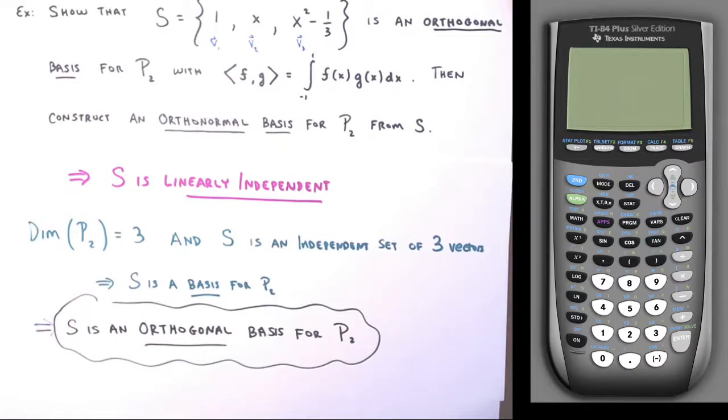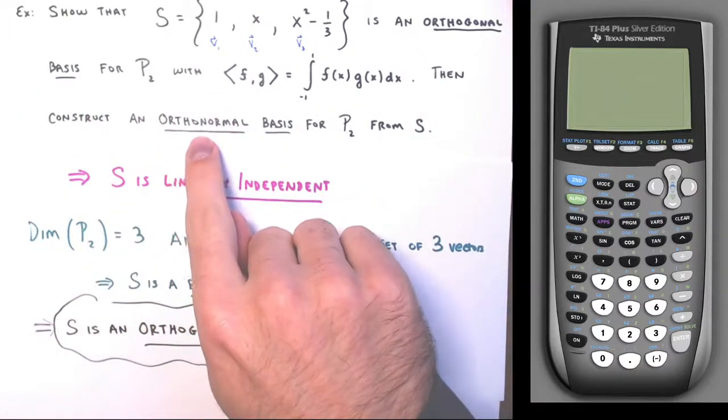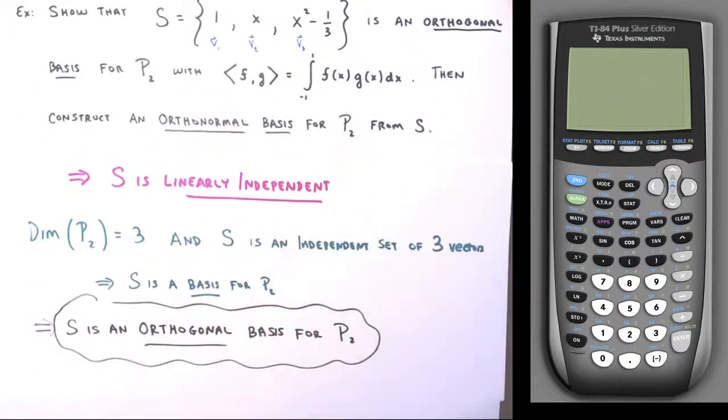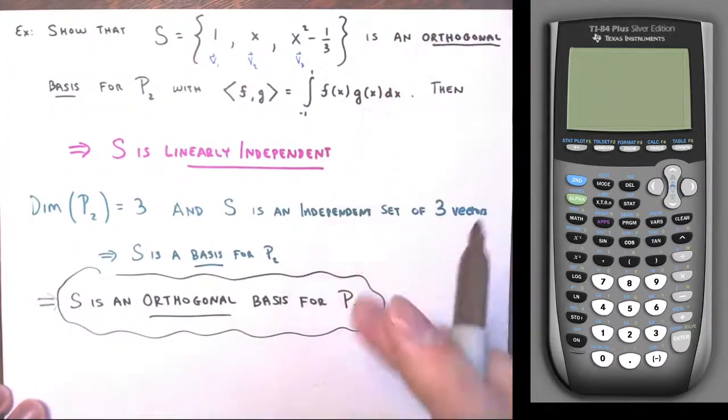Now let's construct an orthonormal basis for P2 from S. So let's go through here and find the norms of each of these vectors, using S here.